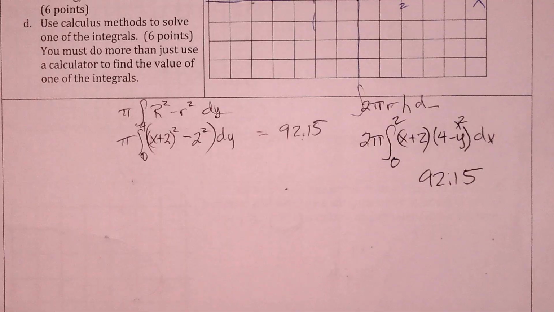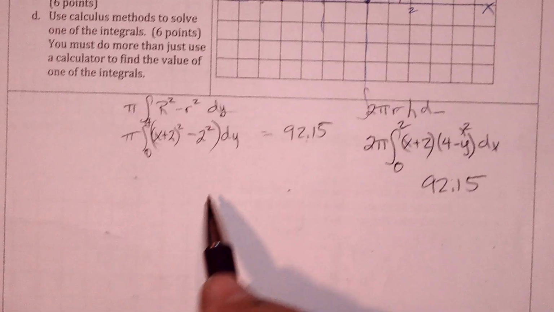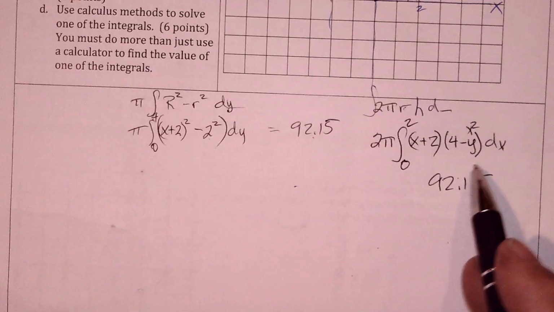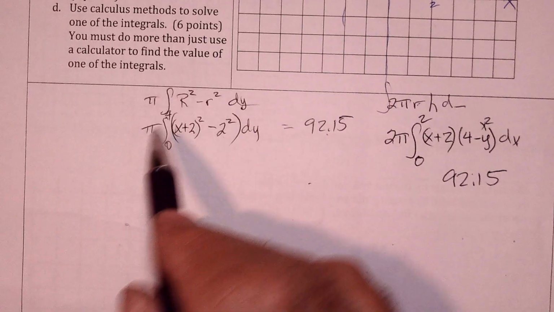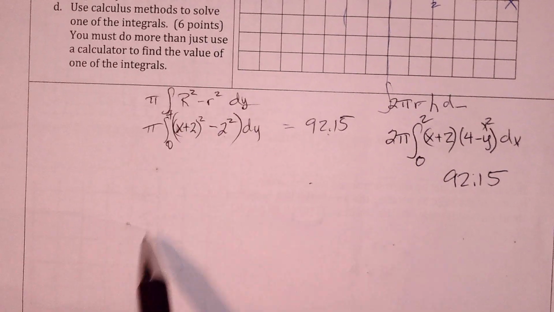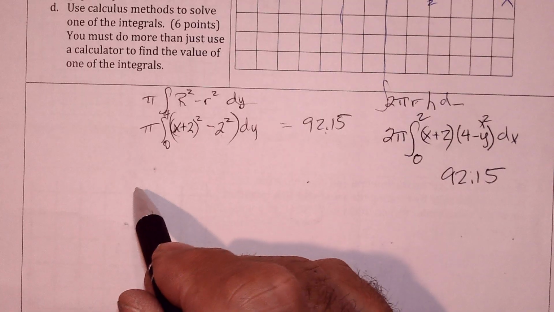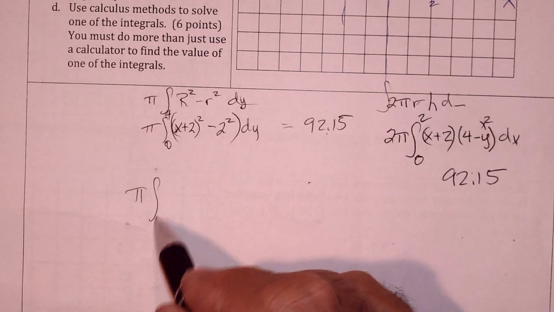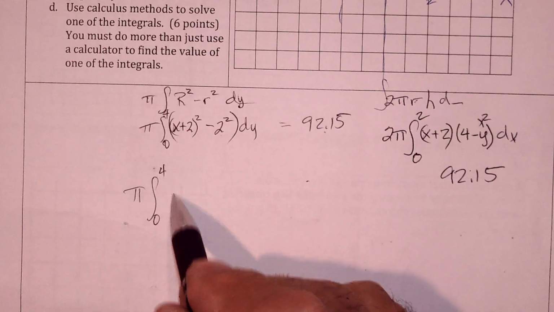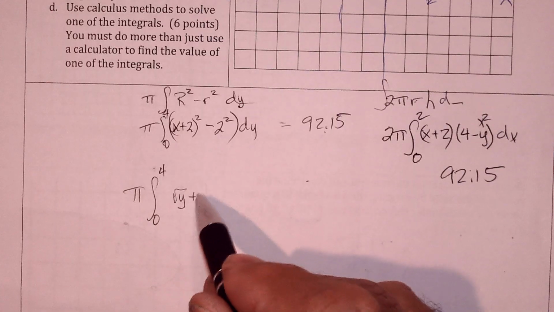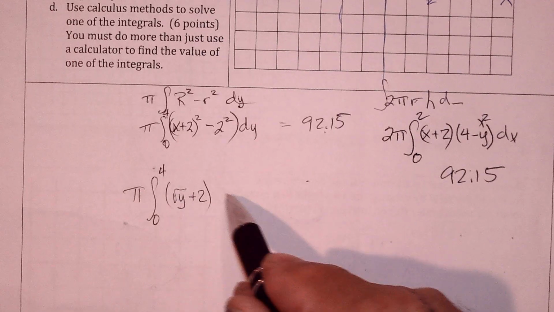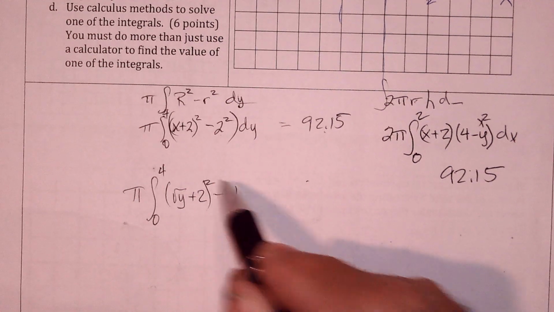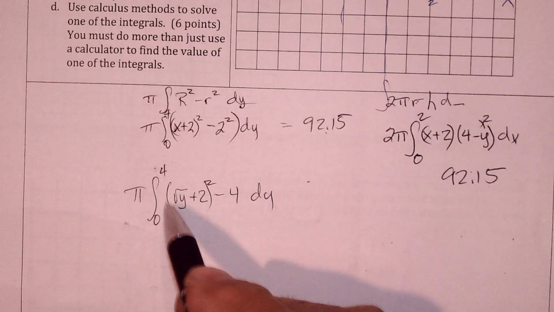Okay, so now, which one's the easiest to work out? They're both pretty easy to work out. This needed to be the square root of y plus 2, so I got pi integral from 0 to 4 of the square root of y plus 2 minus 4, and this is squared, dy.